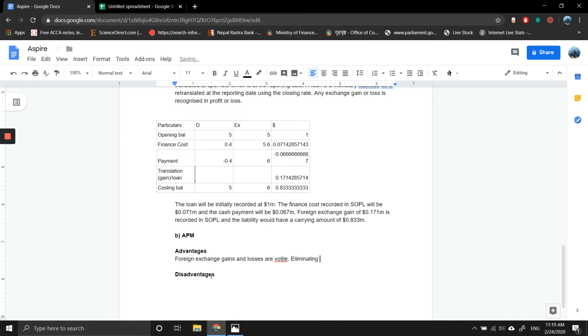Eliminating these may give the stakeholders a better understanding of Aspire's underlying performance.